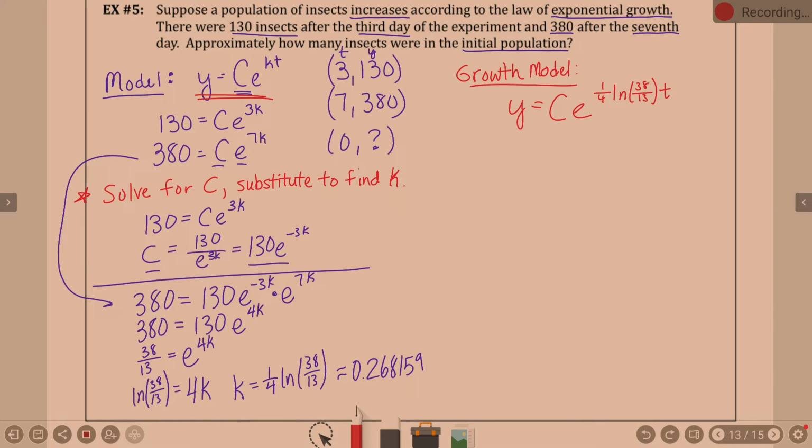Okay, what do I do to finish this up? If we're trying to find the initial population, we need what? When t is 0?